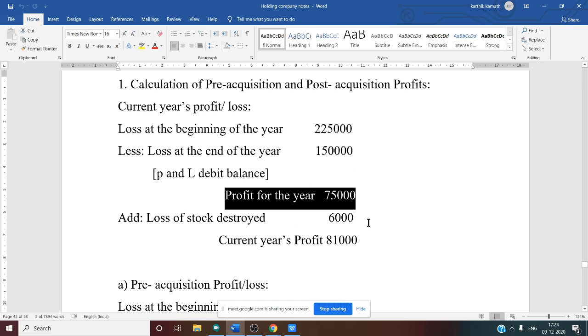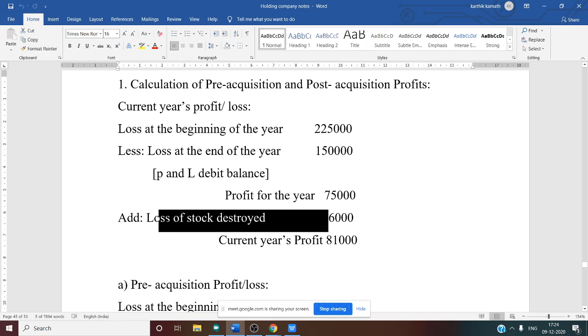So to this profit, as we discussed in the note, we have to consider the loss of stock destroyed by fire. That is 9,000 minus 3,000, 6,000. We have to add. Why? Because we want current year profit when there is no loss of goods destroyed by fire.